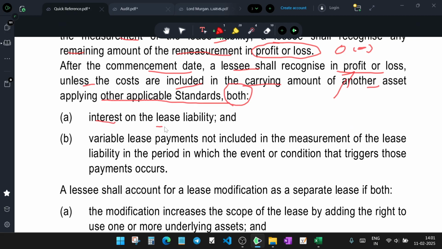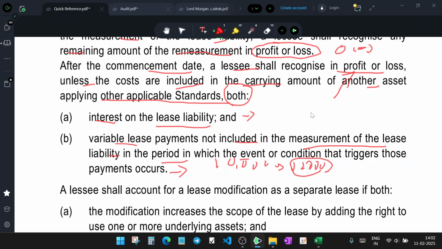Interest on lease liability is charged in P&L, and variable lease payments not included in the measurement of lease liability are charged in the period in which the event or condition that triggers those payments occurs. Sir, we had considered we are going to work for 10,000 hours, but the work has gone to 12,000 hours. So now the variable payment has increased.